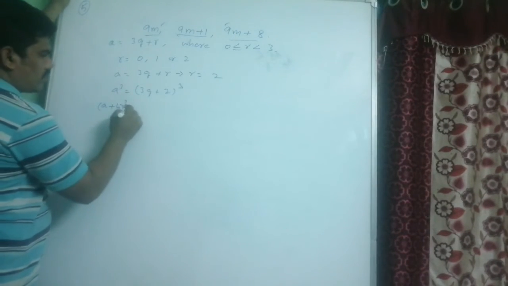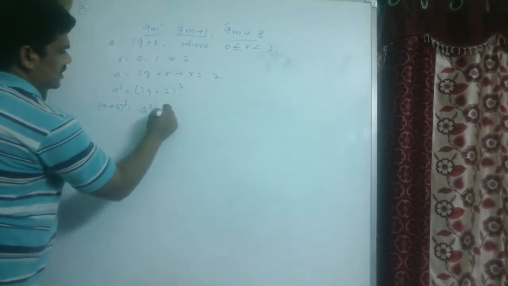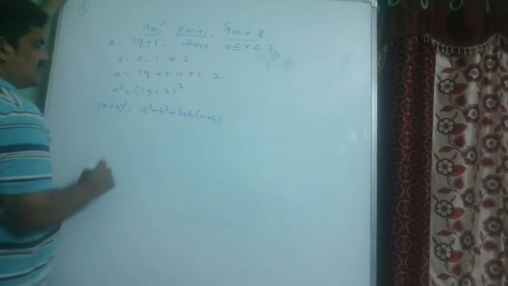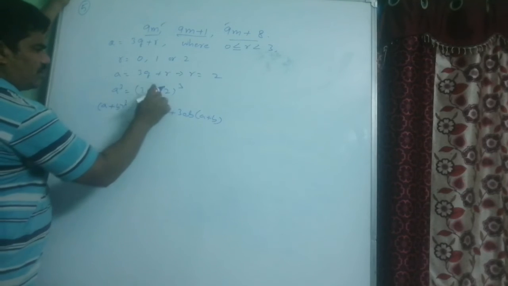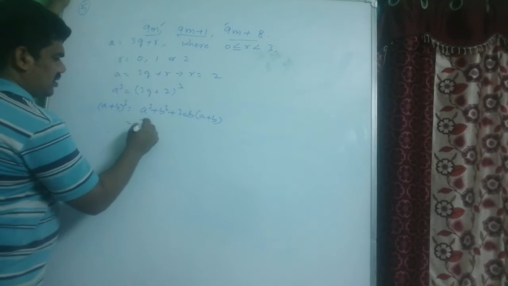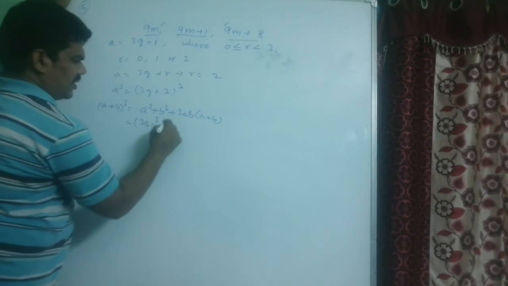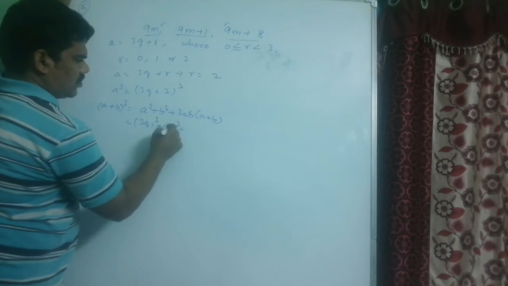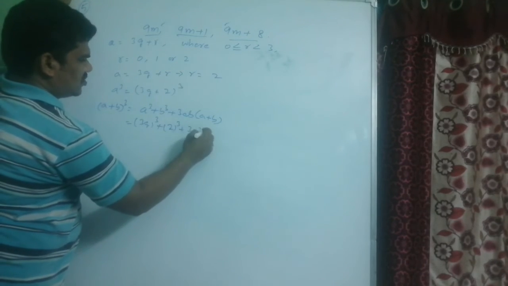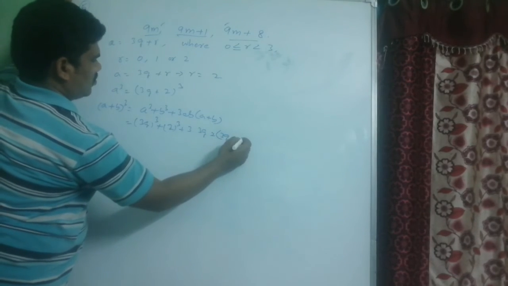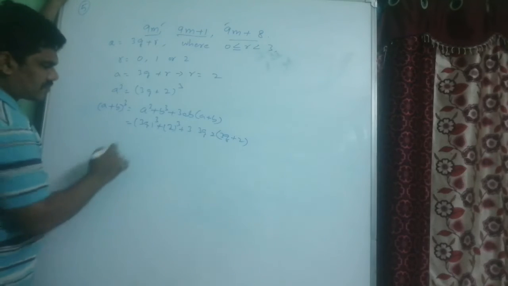Again, a cube plus b cube plus 3ab into a plus b. So what is the 3q plus 2 whole cube? 3q cube and 2 cube, 3 into 3q square into 2, 3 into 3q into 2 square.